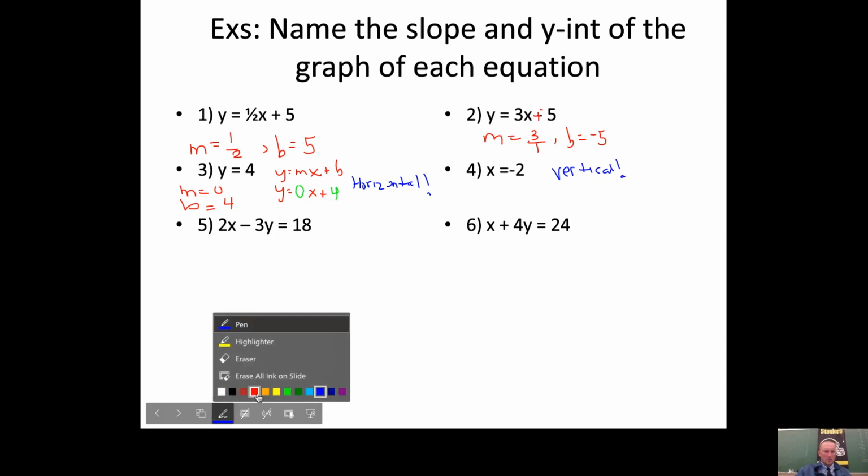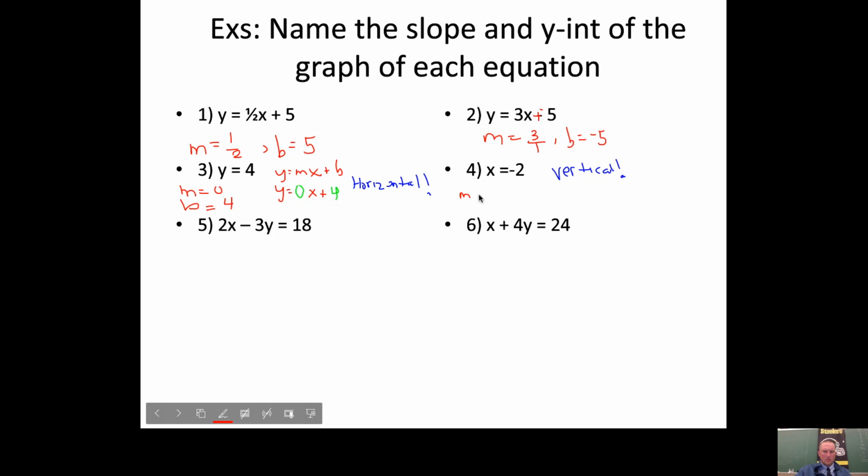What is the slope of a vertical line? It's going to be undefined. Y-intercept? Well, if you graph this, x equals -2. X definitely equals -2 there, but it also equals -2 in all of those spots as well.